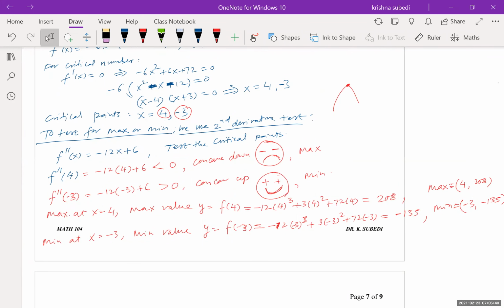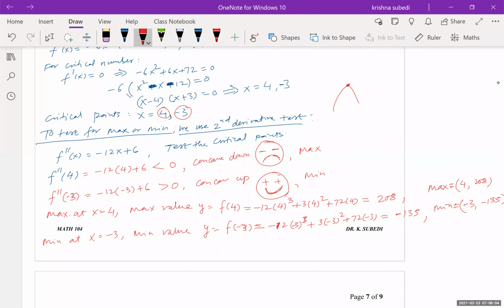Okay, so generally, if the function is a rational function and the second derivative is difficult, then the first derivative would be your best choice. But if finding the second derivative is also easy, then your first choice may be the second derivative test.